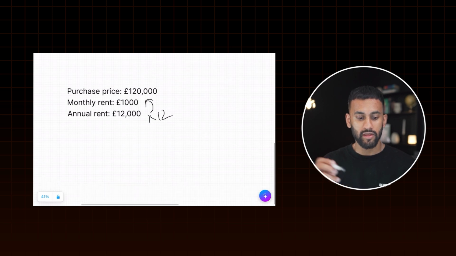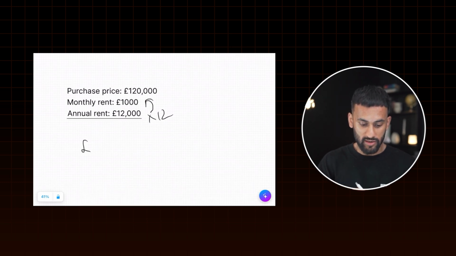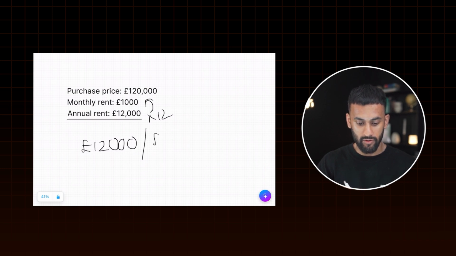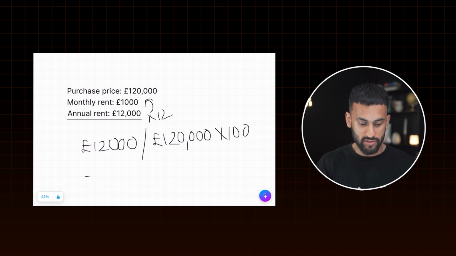So to calculate the yield, you've got the annual rent, so you get 12,000 and you divide it by the £120,000 purchase price, and you times that by 100, and all in all, that's going to give you a 10% gross rental yield.